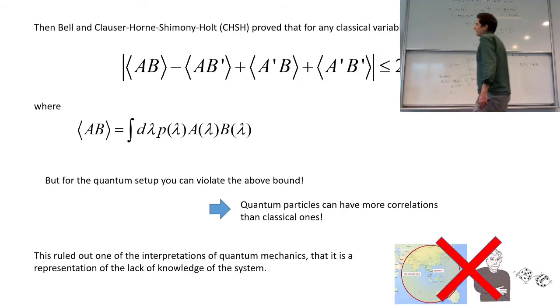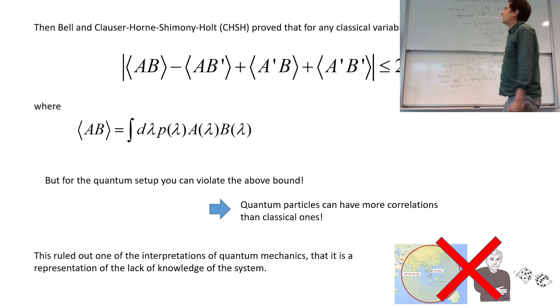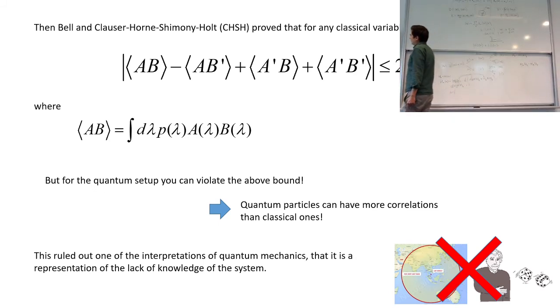Okay, and I'm not going to show you the proof, but what you can show is that in such a situation, if you measure these correlators, which are products of these A's and B's, so there are 4 types of correlators, because there's 2 settings each for Alice and Bob, and you combine these correlations, then you can show that any classical variable always satisfies this inequality.